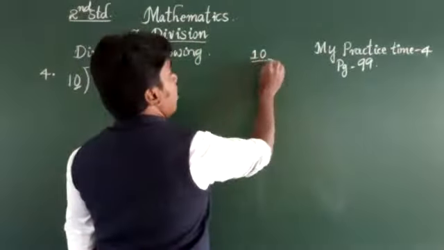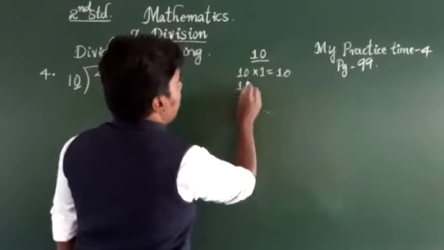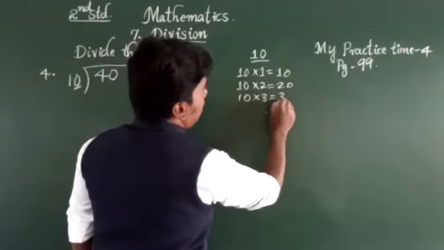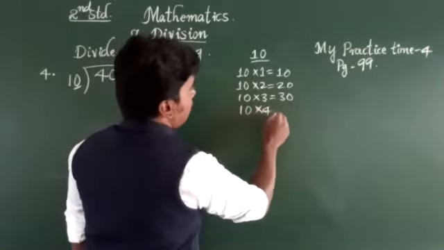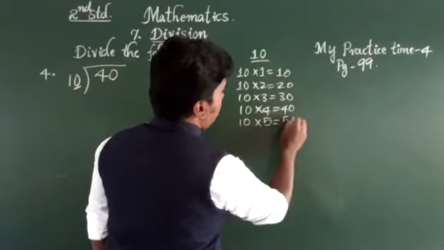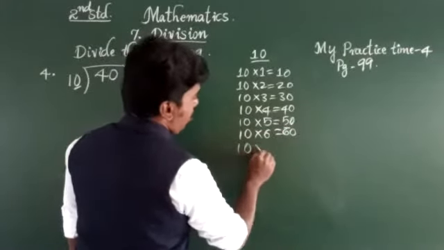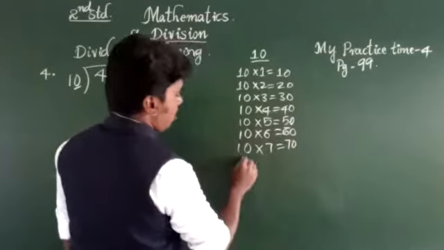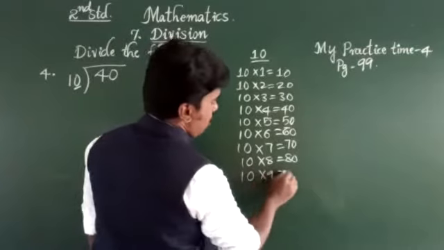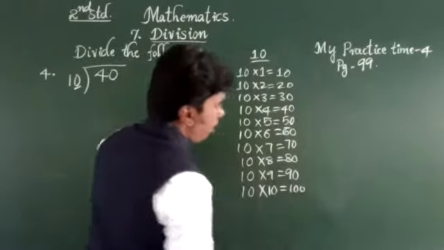So write the tables. 10 ones is 10, 10 twos are 20, 10 threes 30, 10 fours it is 40, 10 fives 50, 10 sixes it is 60, 10 sevens 70, 10 eights 80, 10 nines it is 90 and 10 tens it is 100.